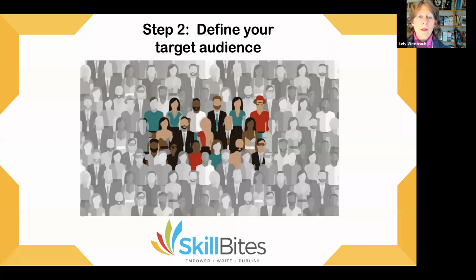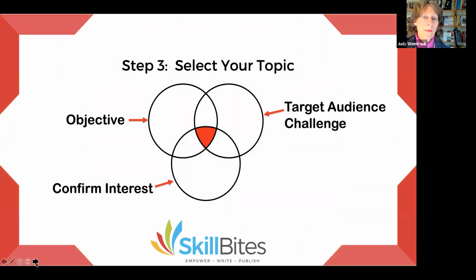So you want to narrowly define who your target reader is. Your ideal client is your target reader. And then you want to think about what are the various challenges that that target reader has that you can address in your book. And that's how you get to step 3, identifying your topic.